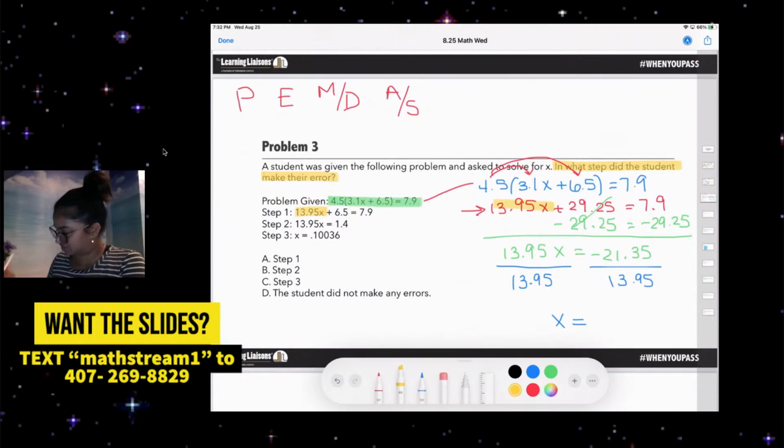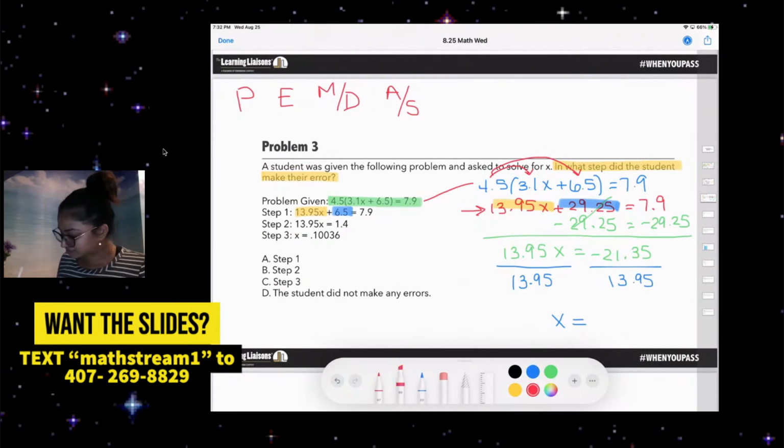We have 13.95x. So far, so good. They have 6.5. We have 29.25. Who's wrong? Do you trust yourself? Because you should trust yourself. So it's not you that made the mistake. It looks like they made a mistake.